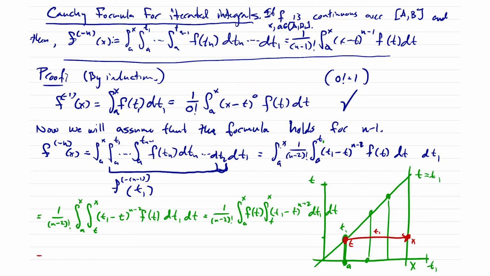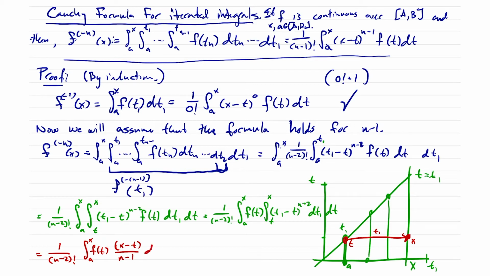So now we get 1 over (n minus 2) factorial and the integral from a to x of f of t. And then if you work out that integral, that is going to give us (x minus t) to the n minus 1, divided by n minus 1.